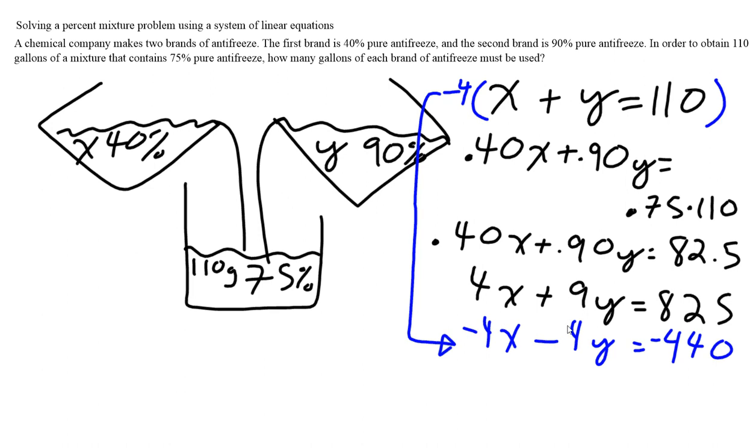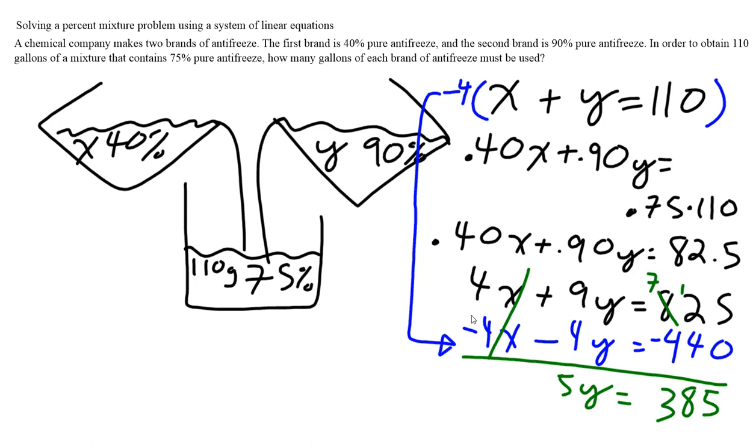Now I'm ready to add these two equations together and eliminate. In this case, the x's will be eliminated. So we have 5y equals 385.